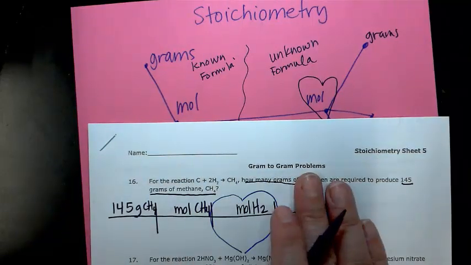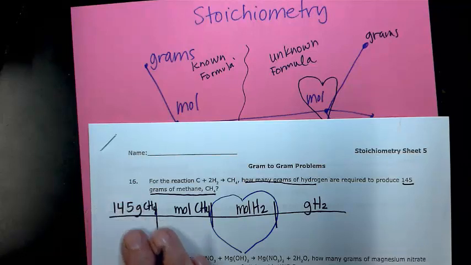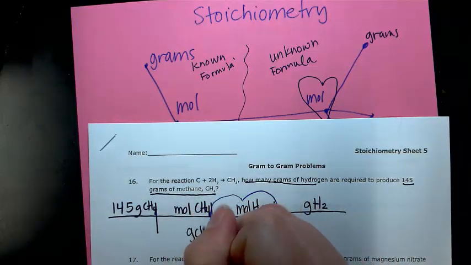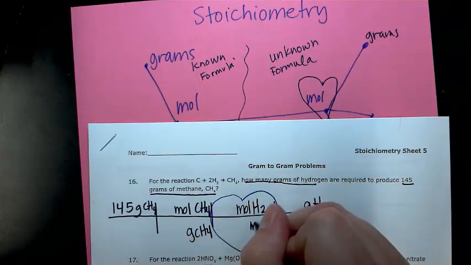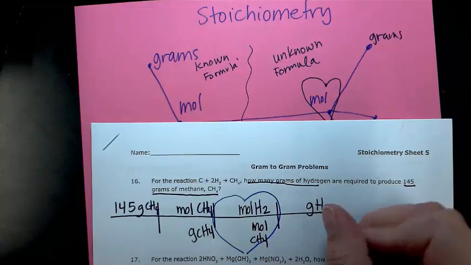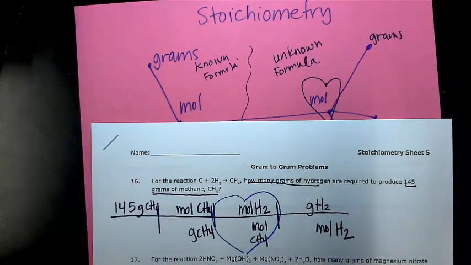So after you filled in your top level, go ahead and carry down your units and your formulas. So I have grams of CH4, moles from right here of CH4, moles of H2. And let's start filling in.